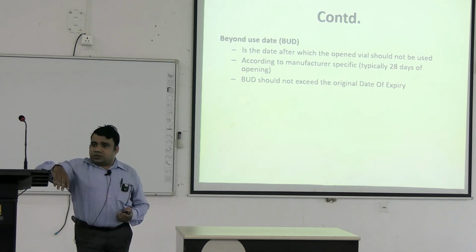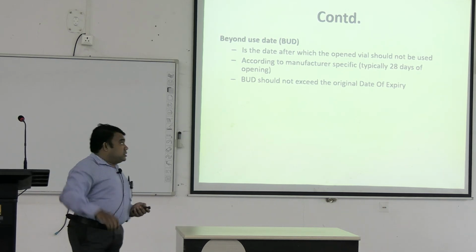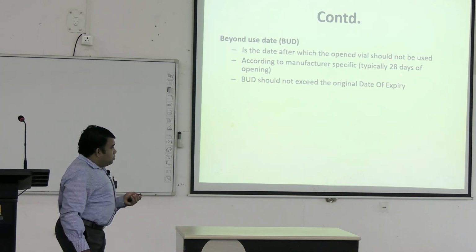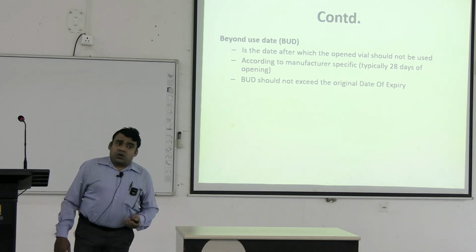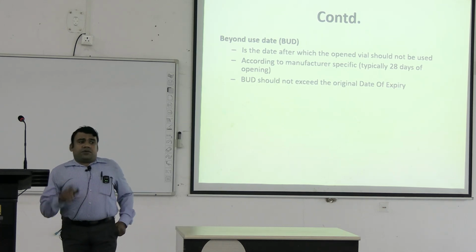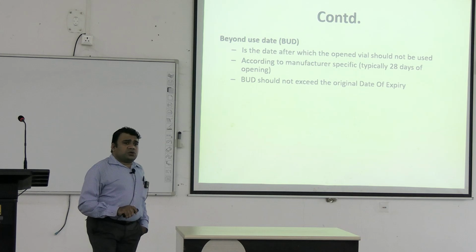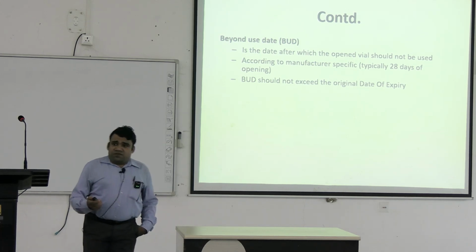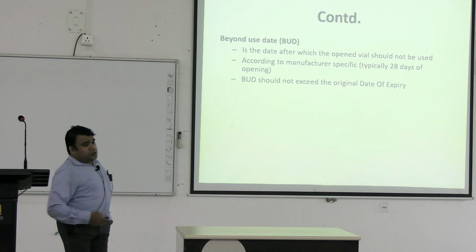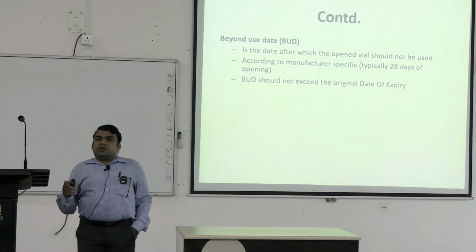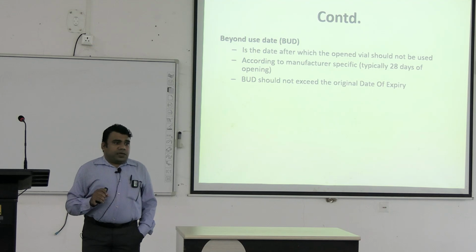How long should we use it? The answer is anything that is opened should not be used beyond 28 days or according to the manufacturer requirement. Whether you have any drug left or not, you should not use beyond that. This is called beyond use date. And obviously, the medicine should not be used beyond the original expiry date. Okay. So these things you should keep in mind.